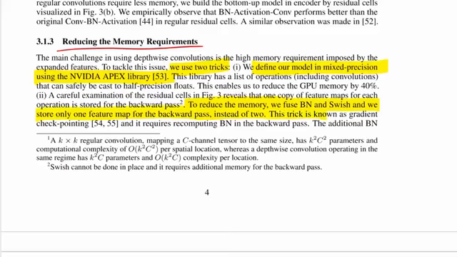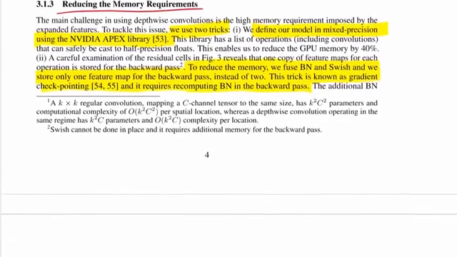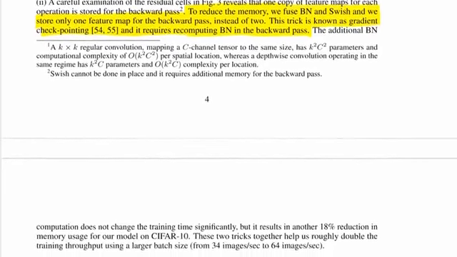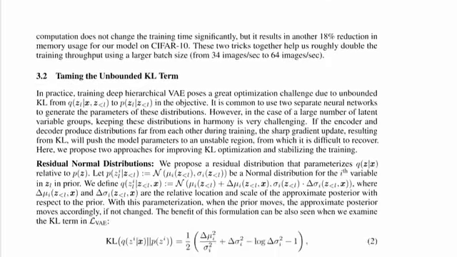And they have to then recompute. This trick is known as gradient checkpointing, and it requires recomputing batch norm in the backward pass. I believe future deep learning frameworks should just take care of that for you instead of you having to do this kind of stuff, honestly.